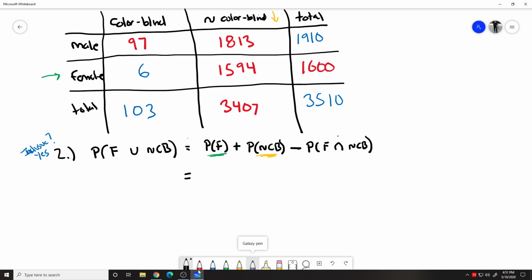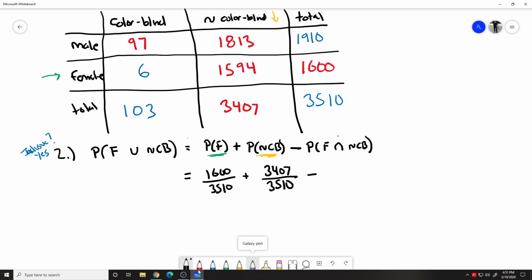So probability of being female. Now remember, we're looking at totals. There were 1,600 females out of 3,510 people. I'm going to add to that the probability of not being colorblind. How many people were not colorblind? 3,407 were not colorblind out of 3,510.